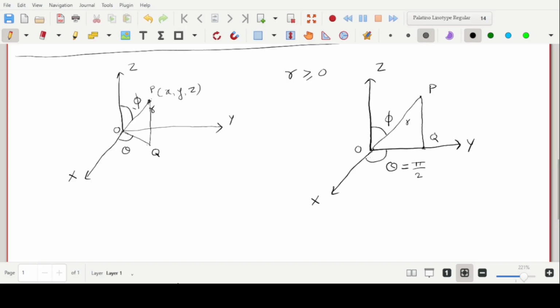Suppose we take another point, suppose we vary this point P in a circular fashion while keeping its distance from the origin unchanged.